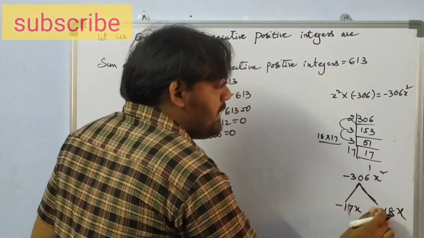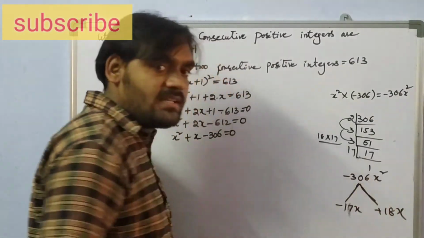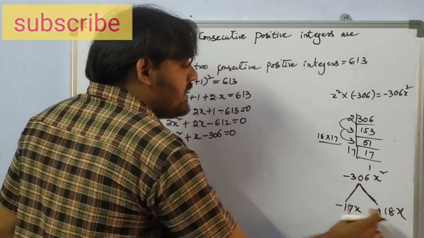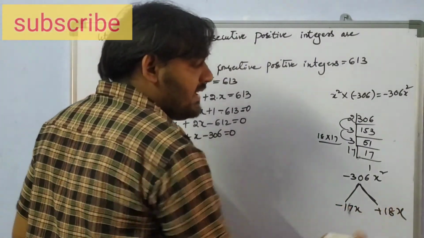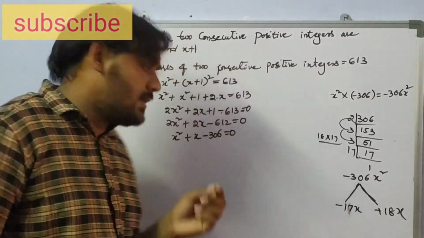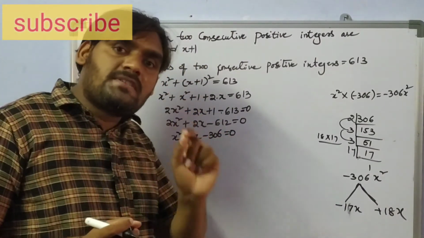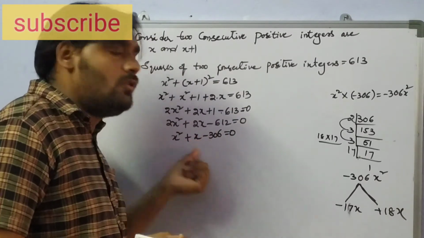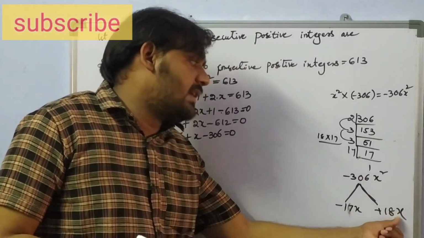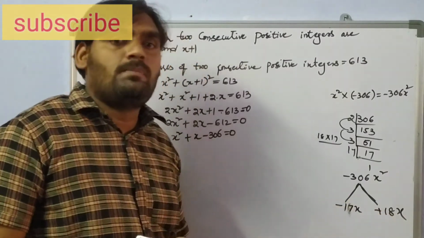If you multiply these two, we are getting minus 306 x square. If you add these two, we are getting plus x. Like that we need to give symbols. For which term we need to give the symbol? It depends upon the middle term. The middle term here is plus, so the larger number 18x gets the plus.